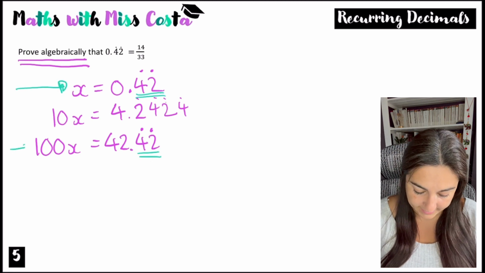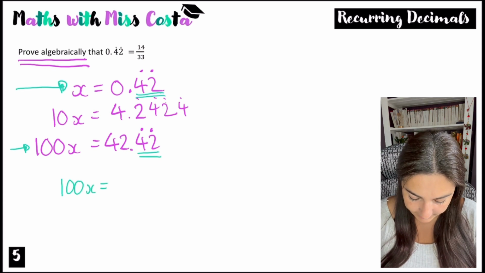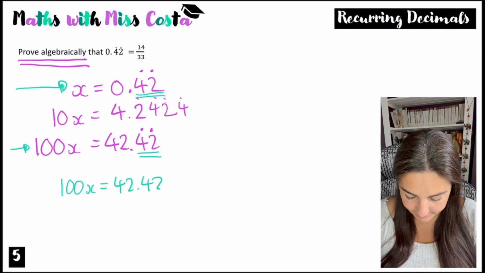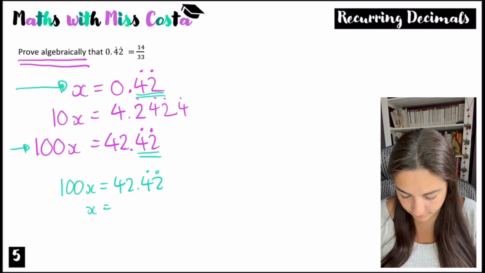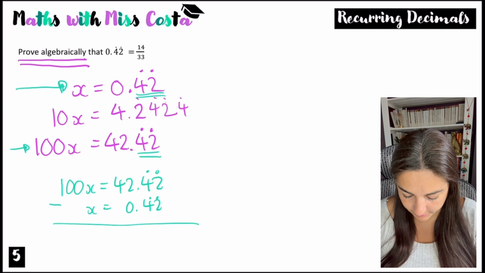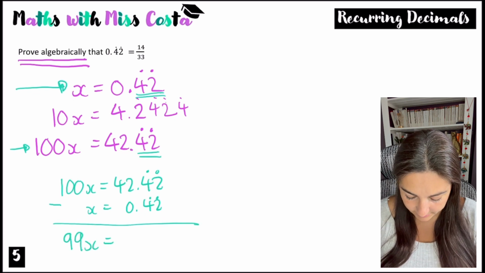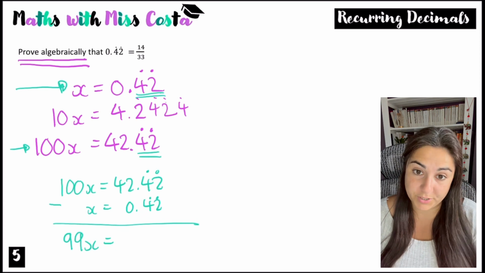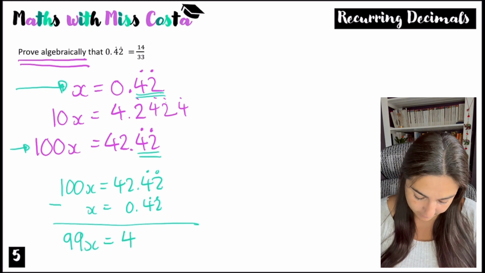So we've got x and we've got 100x. So if we said 100x is 42.42 recurring, and x is 0.42 recurring, and we subtracted that, we'd be left with 99x equals, well, 0.42 recurring is going to cancel out. 42 take away 0 is 42.